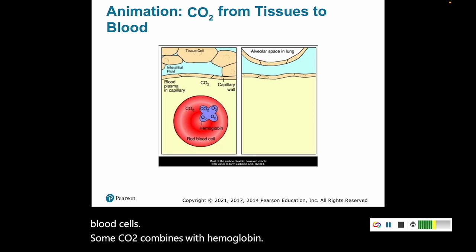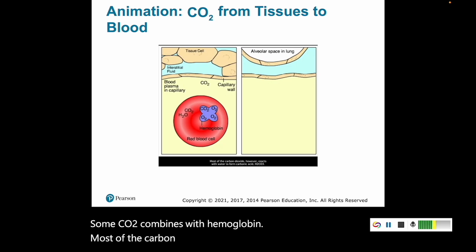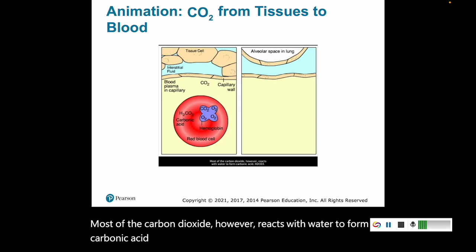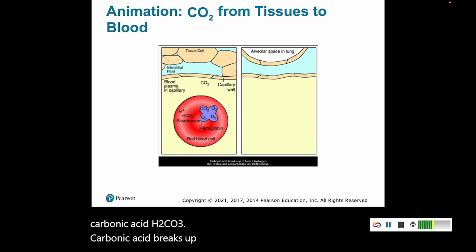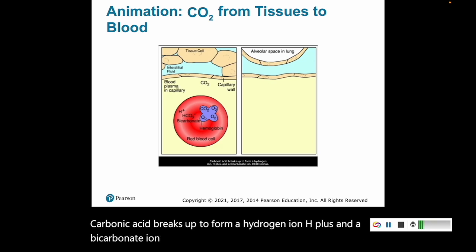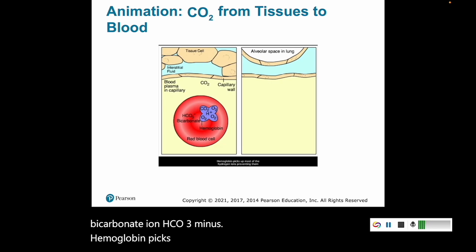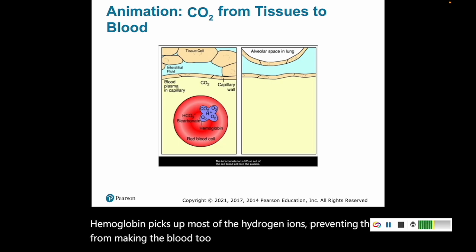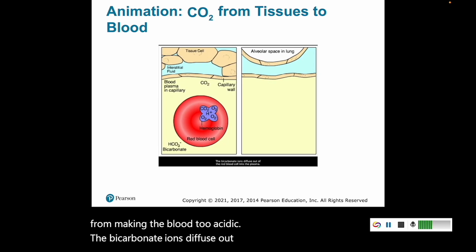Most of the carbon dioxide, however, reacts with water to form carbonic acid, H2CO3. Carbonic acid breaks up to form a hydrogen ion, H+, and a bicarbonate ion, HCO3-. Hemoglobin picks up most of the hydrogen ions, preventing them from making the blood too acidic. The bicarbonate ions diffuse out of the red blood cell into the plasma.